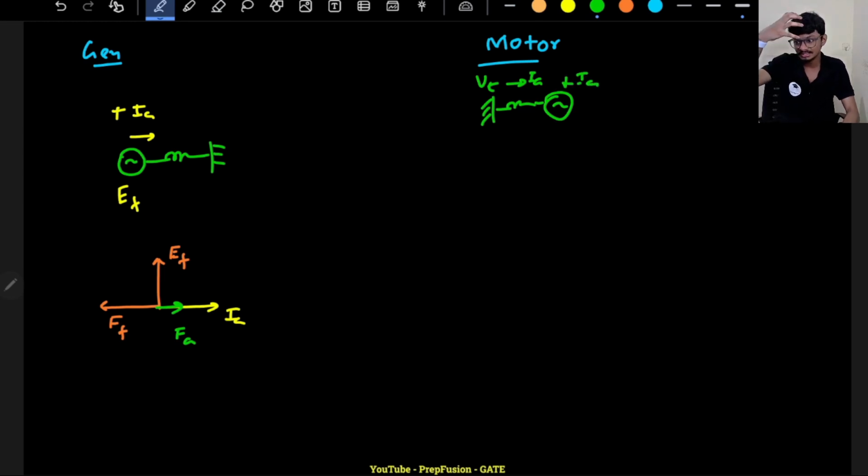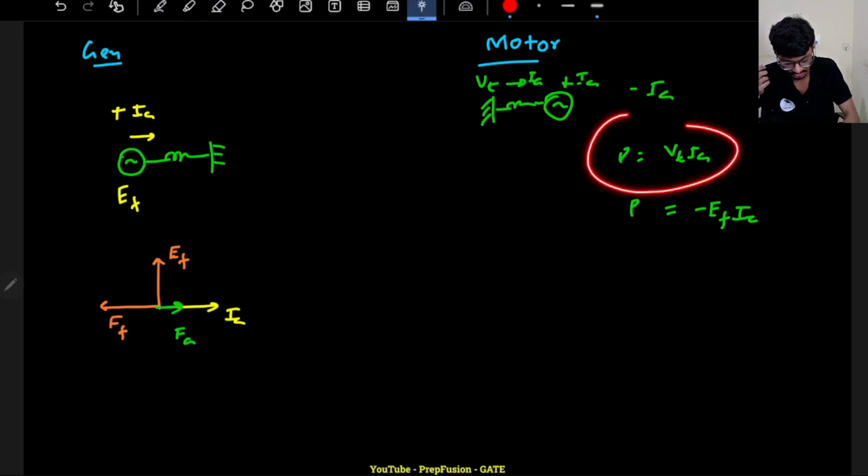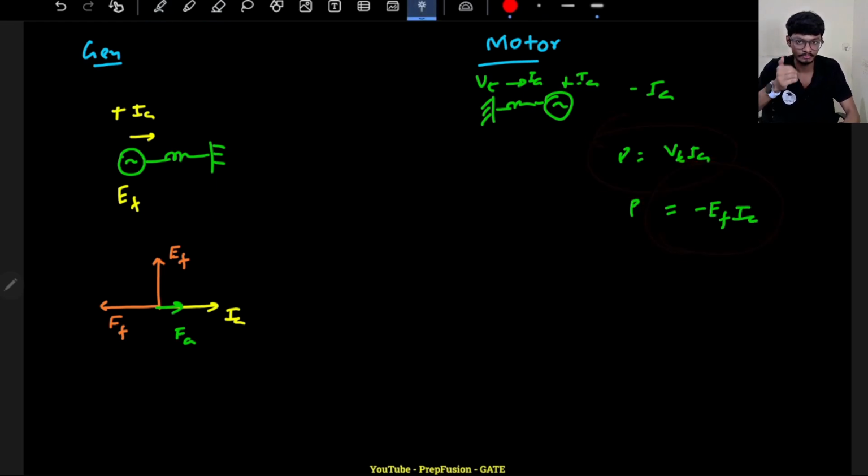So the motor is absorbing power. So with respect to the motor, it is minus Ia actually. How? If I say Vt is delivering, that means Vt into Ia is positive power, then how can I say the motor is absorbing? I can say minus EF into Ia. EF is a positive number, so Ia has to be negative. If positive is delivered, then negative has to be absorbed, so it has to be minus Ia. So whenever you are drawing the MMF, you have to draw with respect to minus IA, not plus IA, because IA is incoming to the motor.